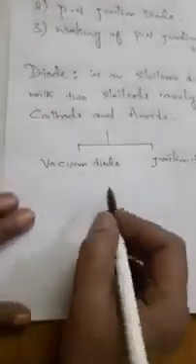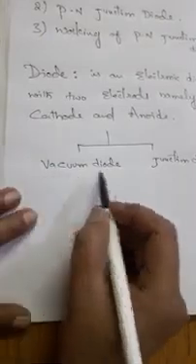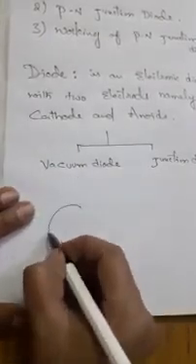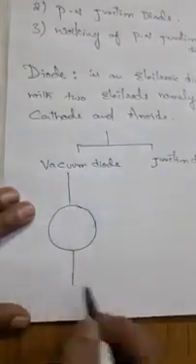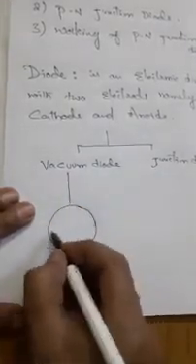In olden days we were using vacuum diodes, in which there is a glass bulb, and this is a totally evacuated bulb.